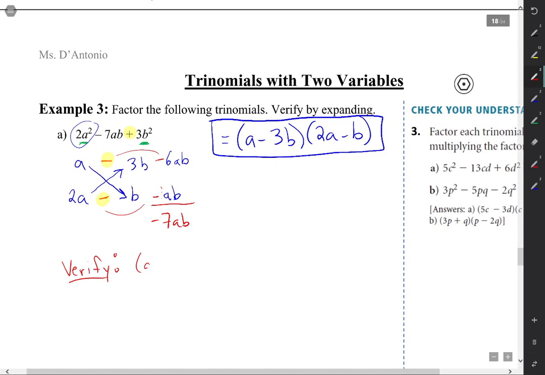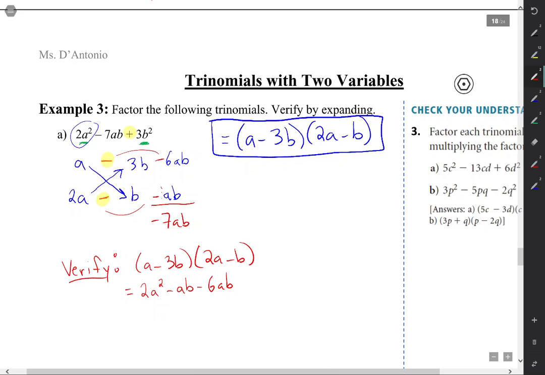So if we're going to verify this, a minus 3b times 2a minus b, using FOIL, let's start with the first term. So a times 2a, that would be 2a squared. Then the outside would be a times negative b, so that would be negative ab. The inside would be negative 3b times 2a, which would be negative 6ab.